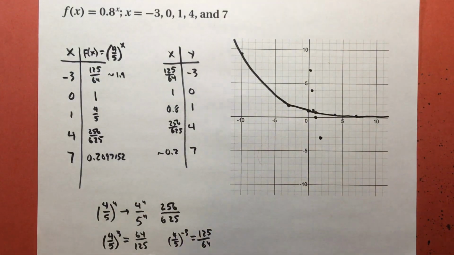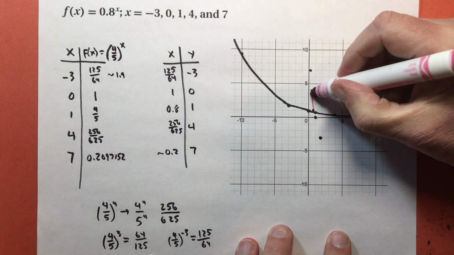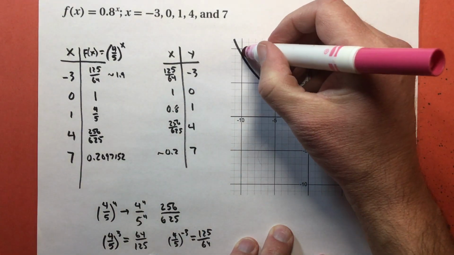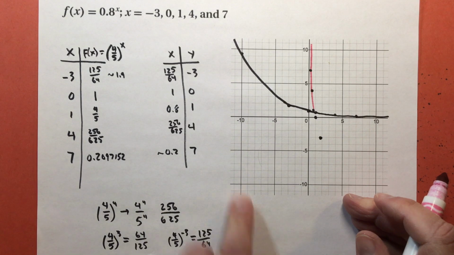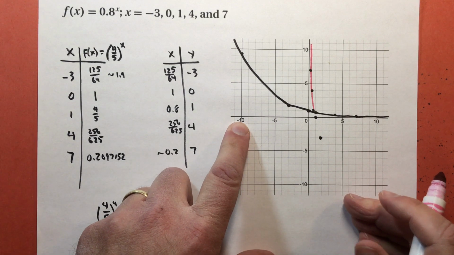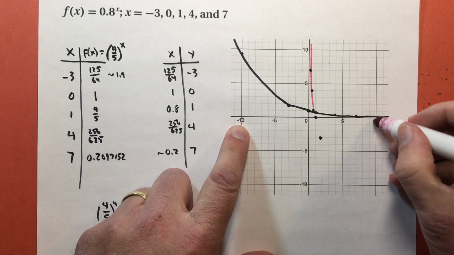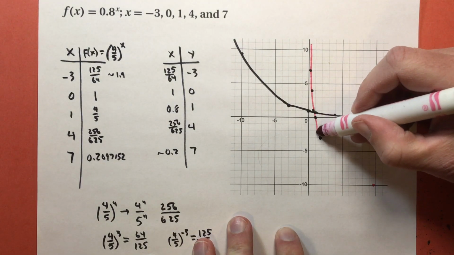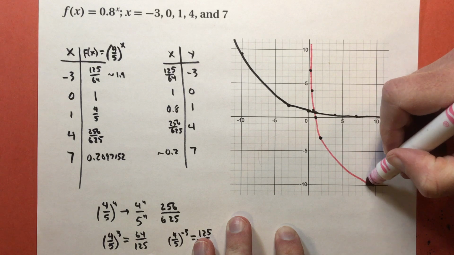So this part of the graph, and let me switch colors here real quick, is going to look like so. And that extra one I had right here, which was -10 and a little bit bigger than 9, is going to be about right here. Okay, so that one does this.